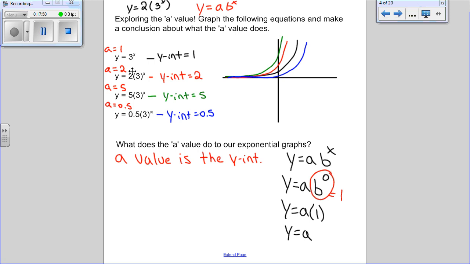It's really not having much effect on that. It does stretch it a little bit, is what we would call it. It wouldn't make it more sharp all the way through. It's just really hard on an exponential graph to notice that. All it's doing is stretching it. But what I really want you to know is that your a value is the y-intercept.